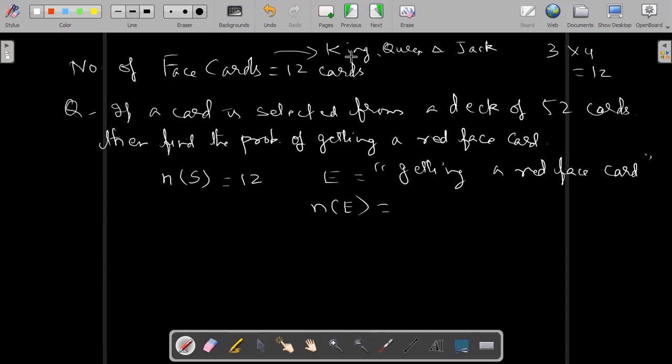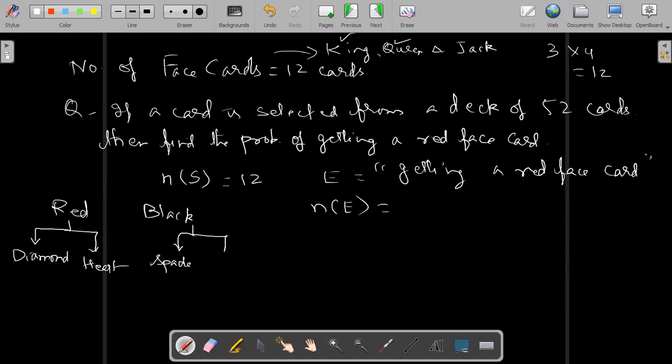Cards have red and black colors. Diamond and heart are red, and spade and club are black.